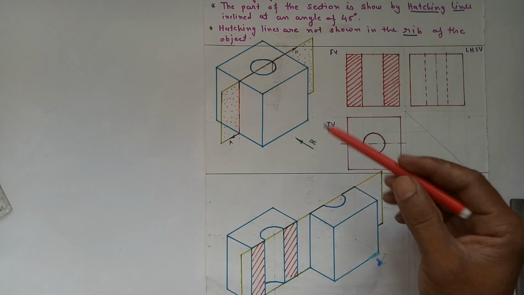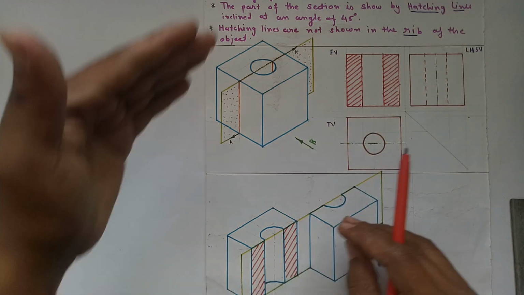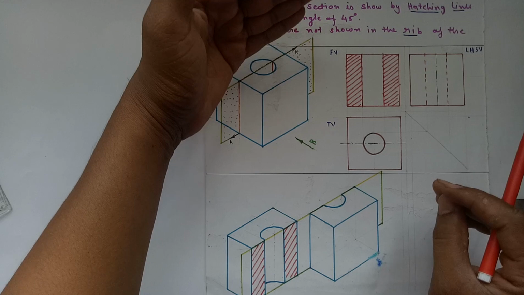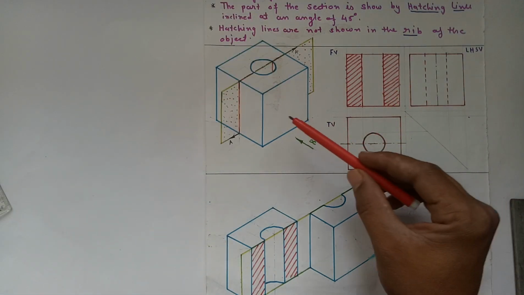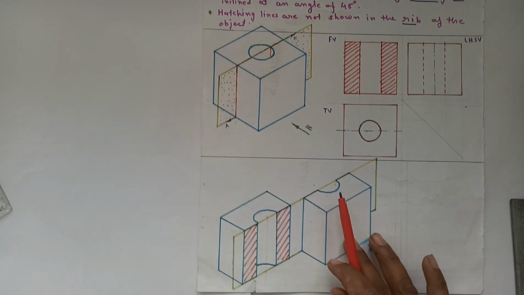So this is the sectional front view of the object. Because we have taken the cutting plane over here, the section is generated in the front view like this.